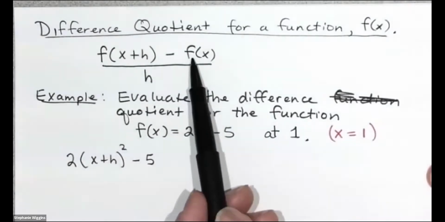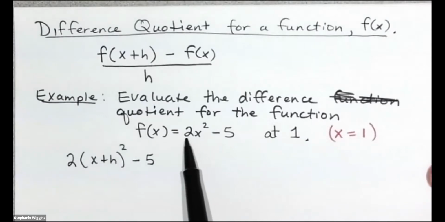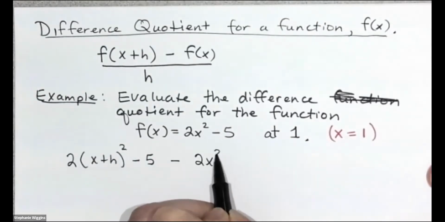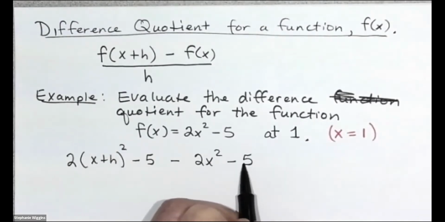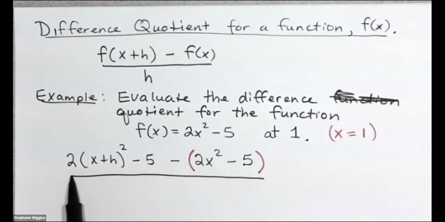Then we're going to subtract the function f of x, which is just given to us as 2x squared minus 5. So we're subtracting 2x squared minus 5. But be careful, we're subtracting the whole thing, so you need to put the parentheses around it. And then it's divided by h.